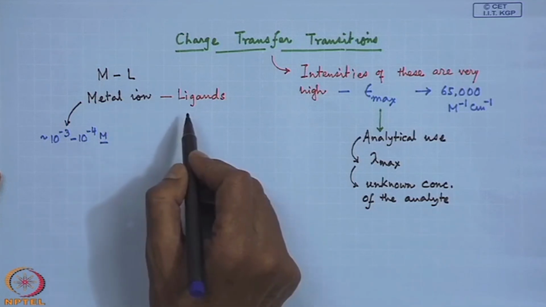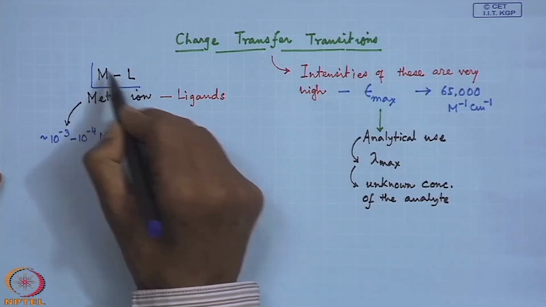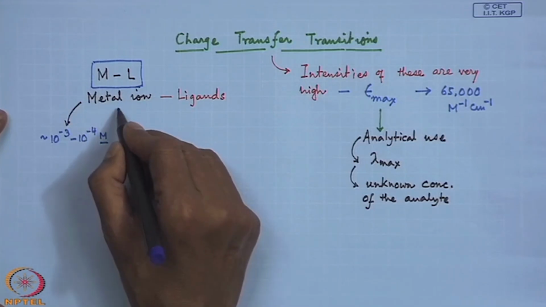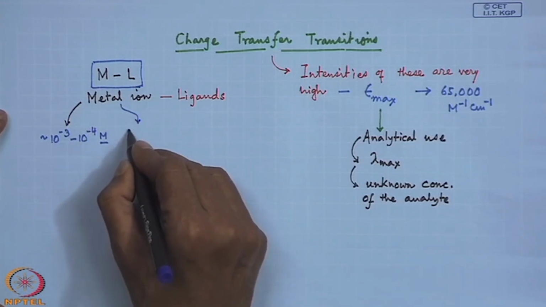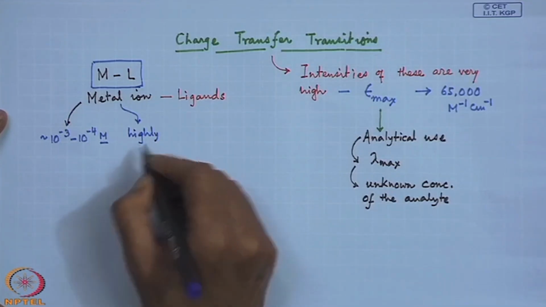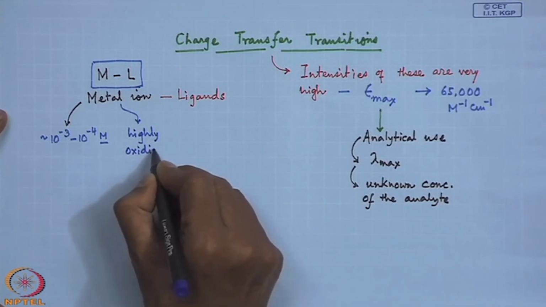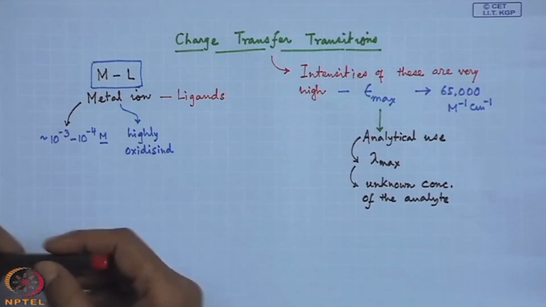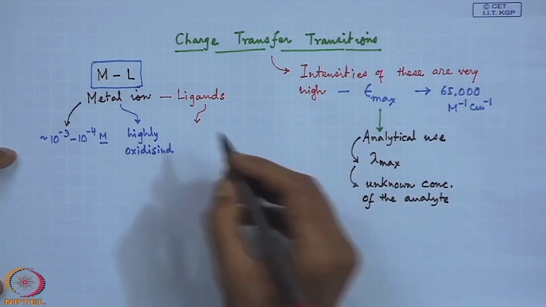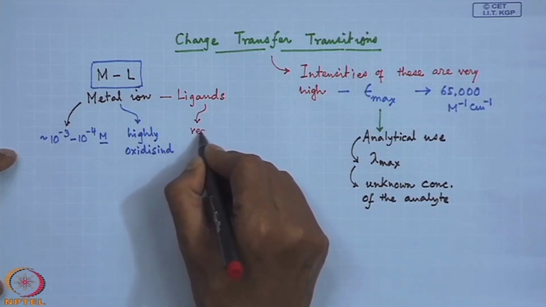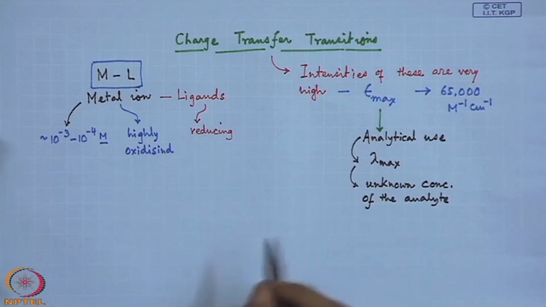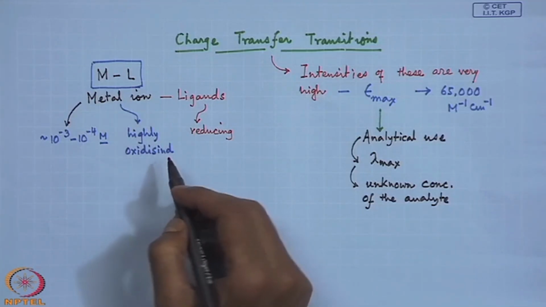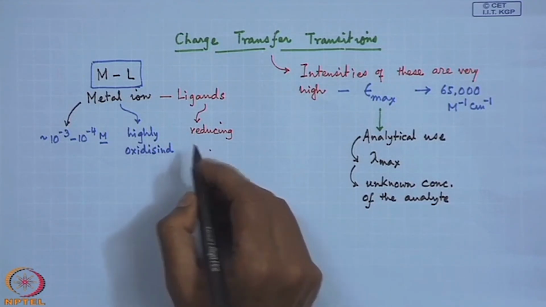If we see one particular case, where the metal is bound to the ligand system, and the metal ion is highly oxidizing, and the ligands attached to the metal ion are reducing in nature, that means the electron density is pushed from the ligand to the metal ion.